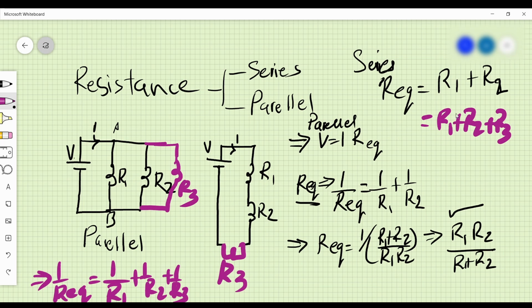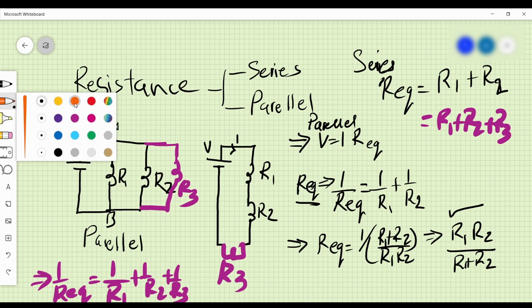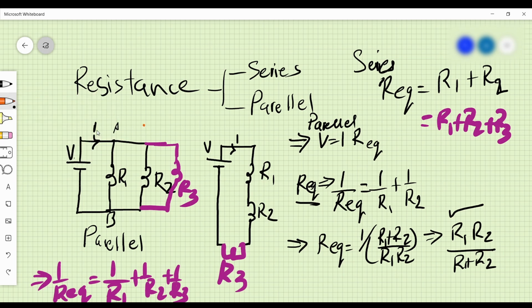Next time I will probably look into the current divider rule and the voltage divider rule for this circuit. So I'll just give you the basics of it. Why do we need that? Let's say that's the current going through this parallel circuit. According to Ohm's law, the currents passing through branch 1 (I1), branch 2 (I2) and branch 3 (I3) wouldn't be the same.